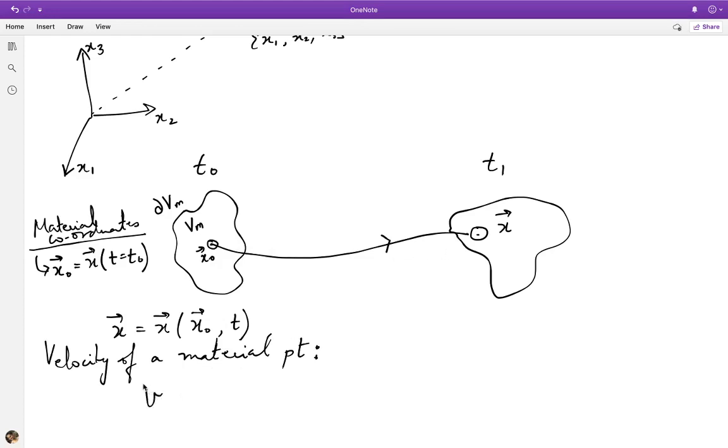So this velocity, which now is a function of the material point we choose and time, is nothing but the derivative of the spatial coordinate mapping, where this derivative is being taken while keeping x0 constant.